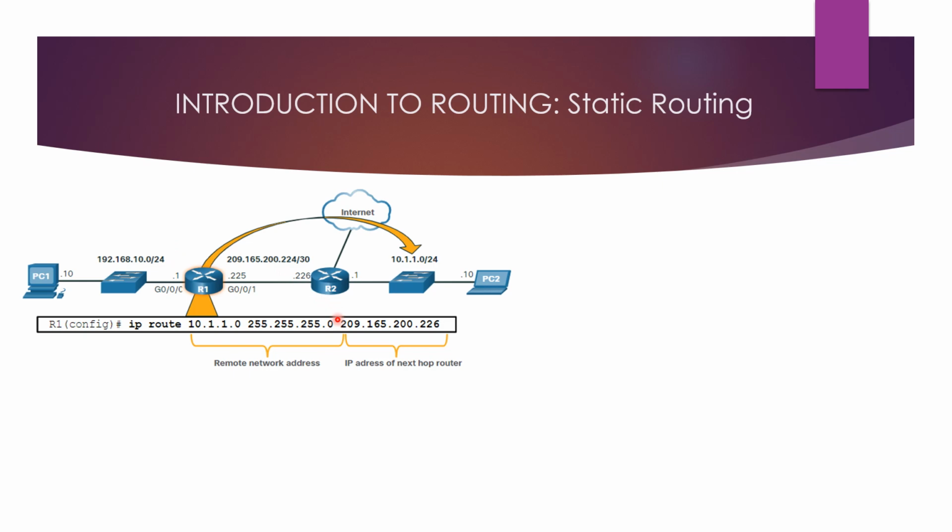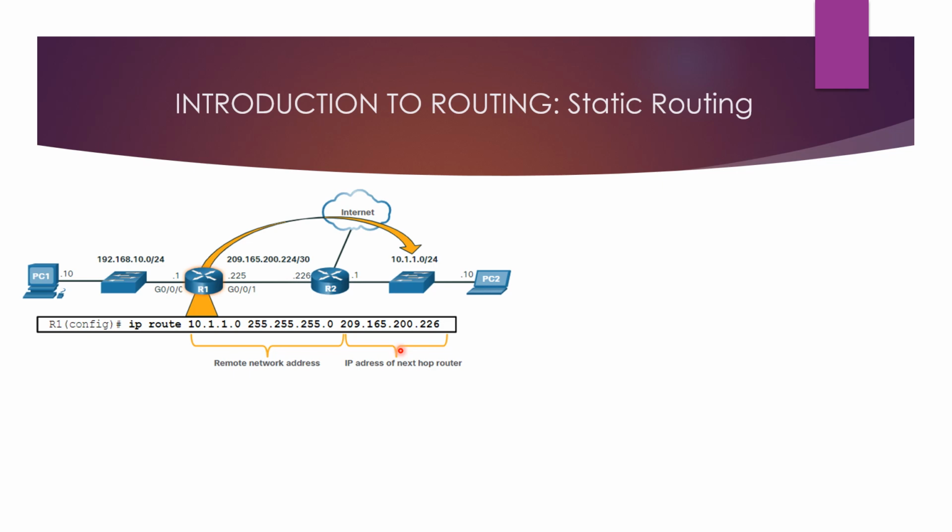The static route includes the remote network and the IP address of the next hop router. As you can see here, router 1 is manually configured with the static route to reach the destination 10.1.1.0/24 network.